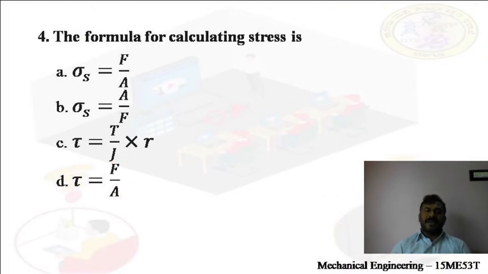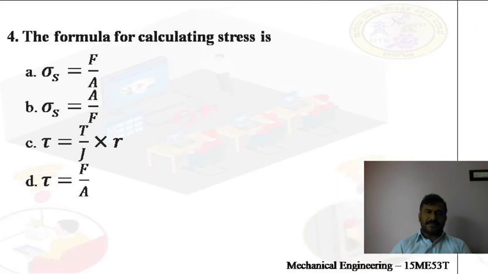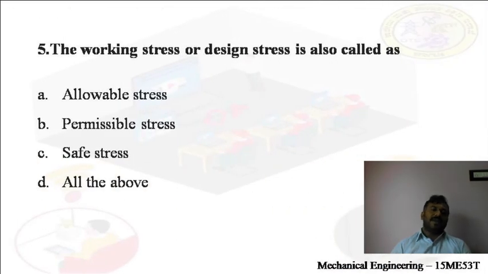Sigma is equal to F by A, sigma is equal to A by F, tau is equal to T by J into R, tau is equal to F by A. Next, the fifth one, the working stress or design stress is also called as allowable stress, permissible stress, safe stress, and the last one, all the above.